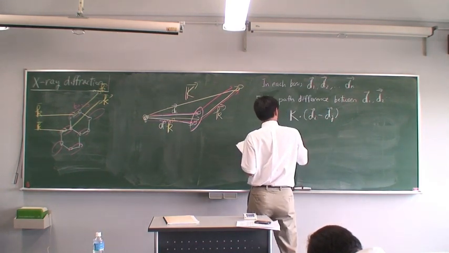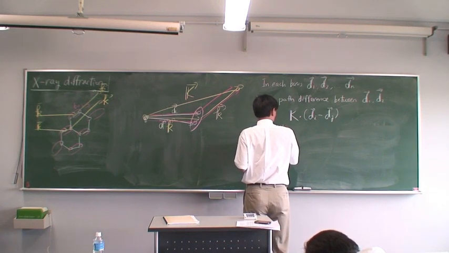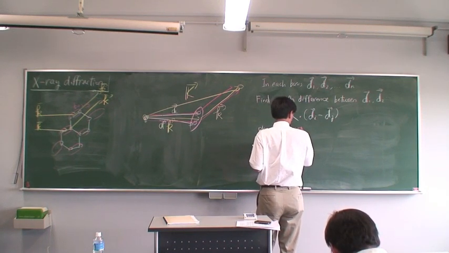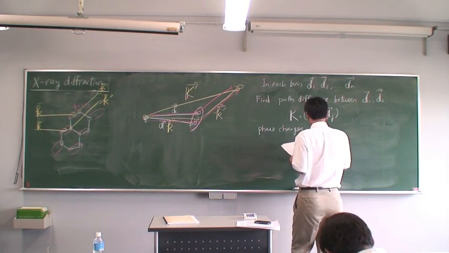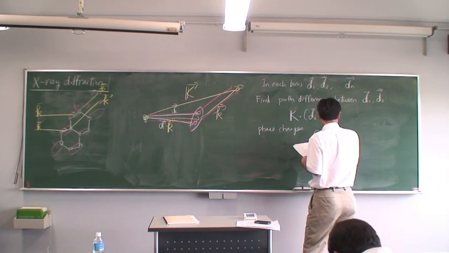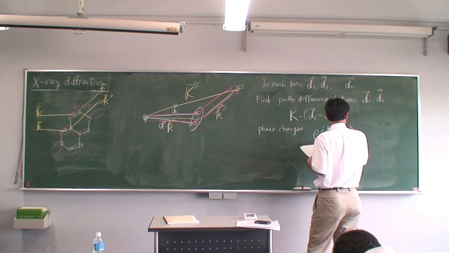And if this is a path difference, then the phase changes by exponential i k dot (di minus dj).